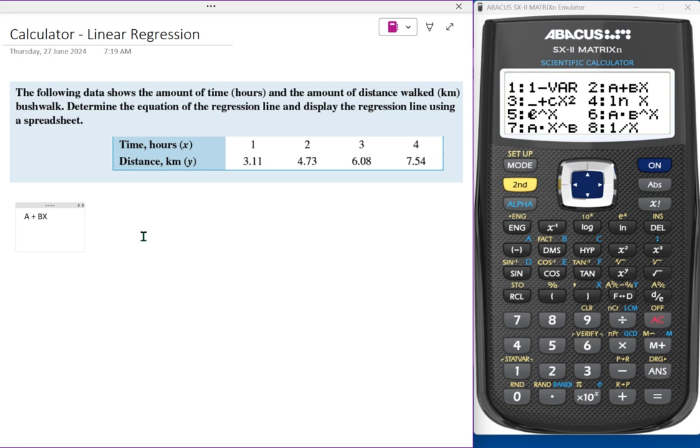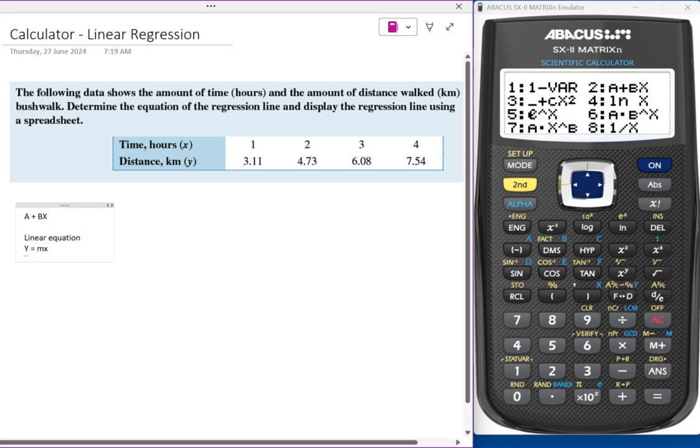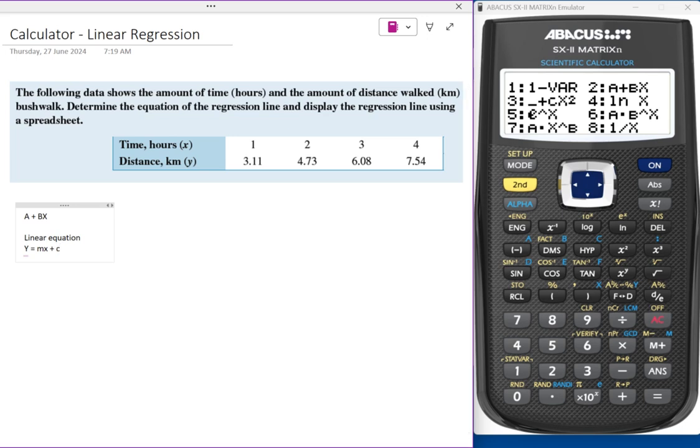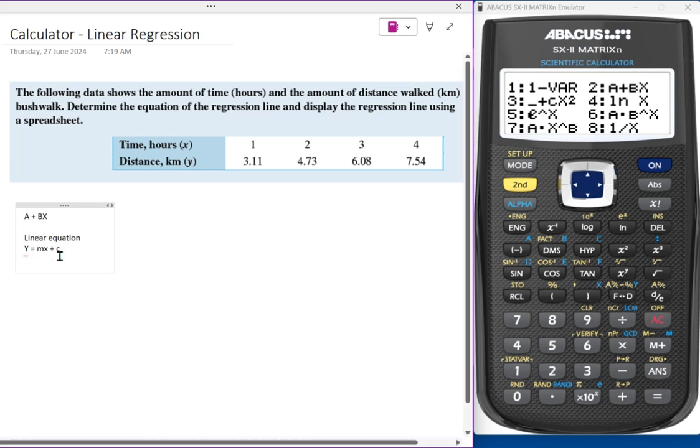Our standard form of a linear equation is y equals mx plus c. So if we've got a plus bx up here, then the b is really the same thing as the m, it's the gradient.